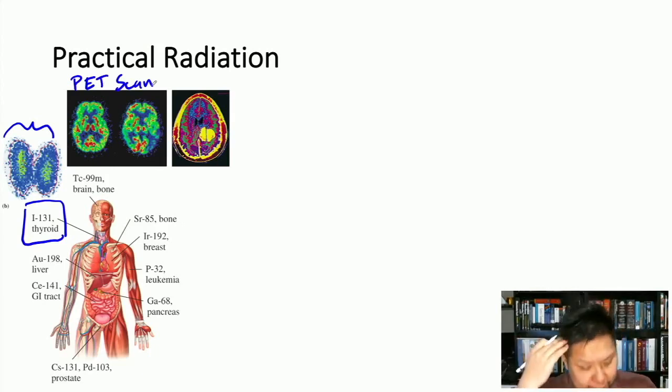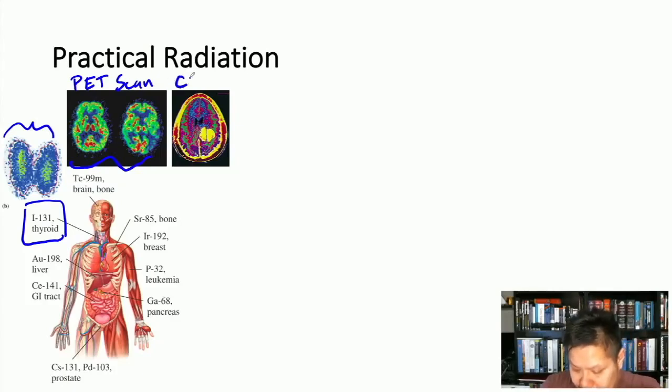So basically, positron emitters, or radioactive isotopes that emit positrons with short half-lives, are combined with body substances like glucose, and doctors can use that to visualize the brain, as you can see in this PET scan here. You can also use it to track metabolism and blood flow too.